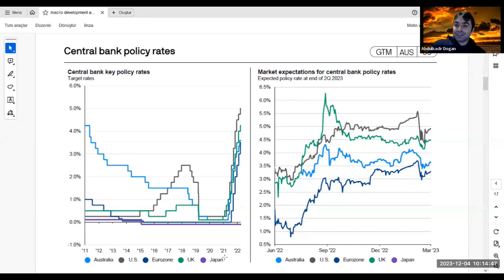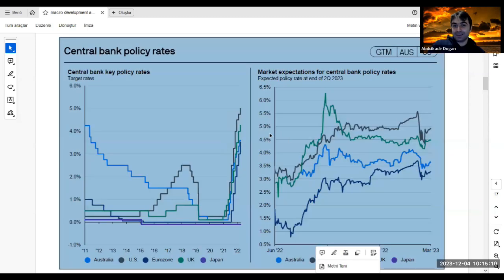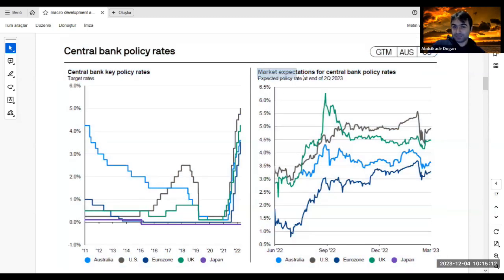Then after the inflation started to rise, there is no need to decrease the interest rate anymore. Then I can start to increase the interest rate, like here. All developed market central banks started to increase their interest rate after the COVID crisis when the inflation came to their targeted band. And on the right-hand side, please look at this one.